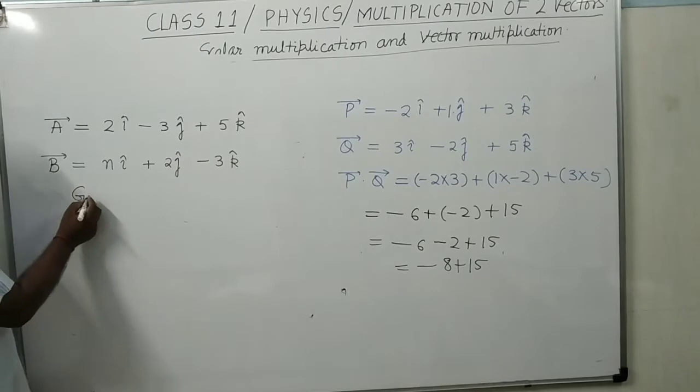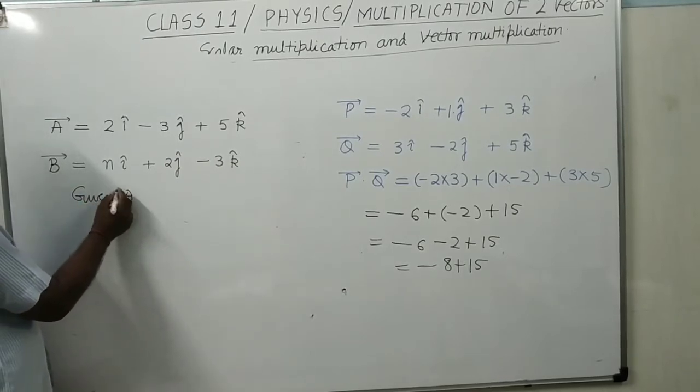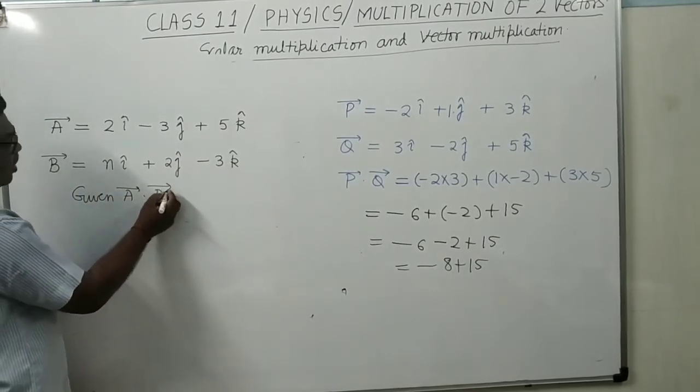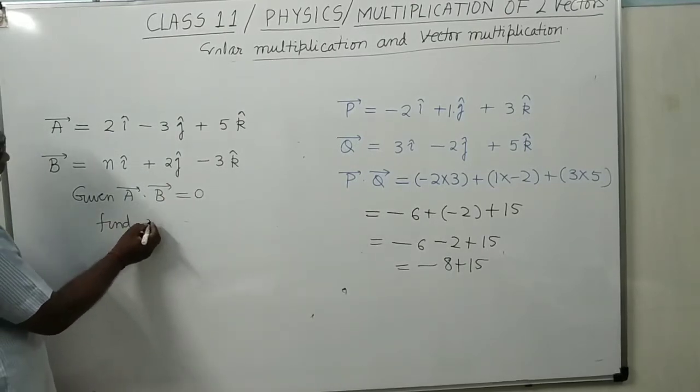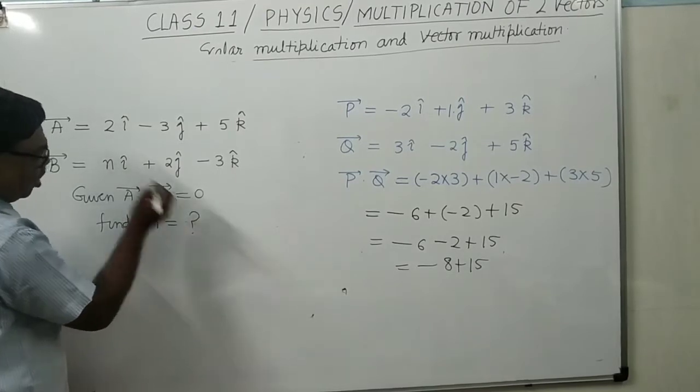It is given that vector A dot vector B equals 0. Find the value of n.